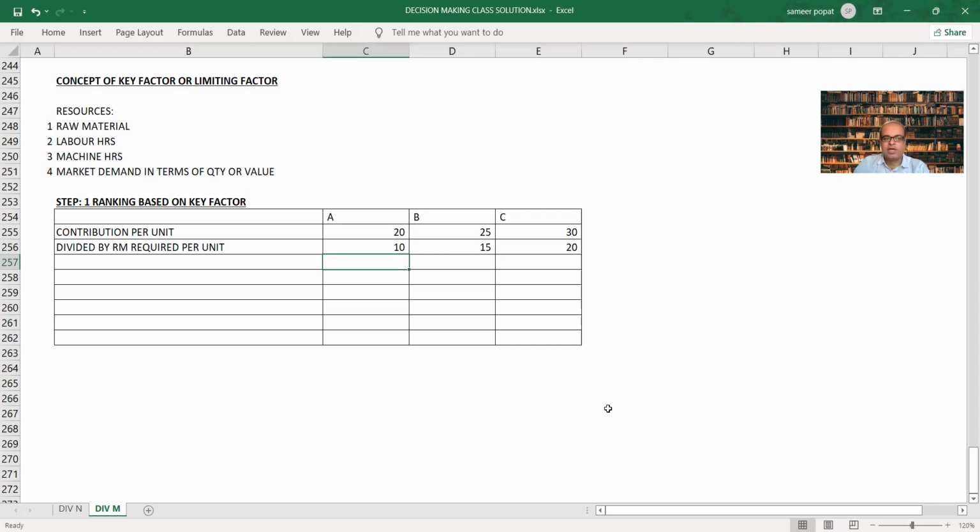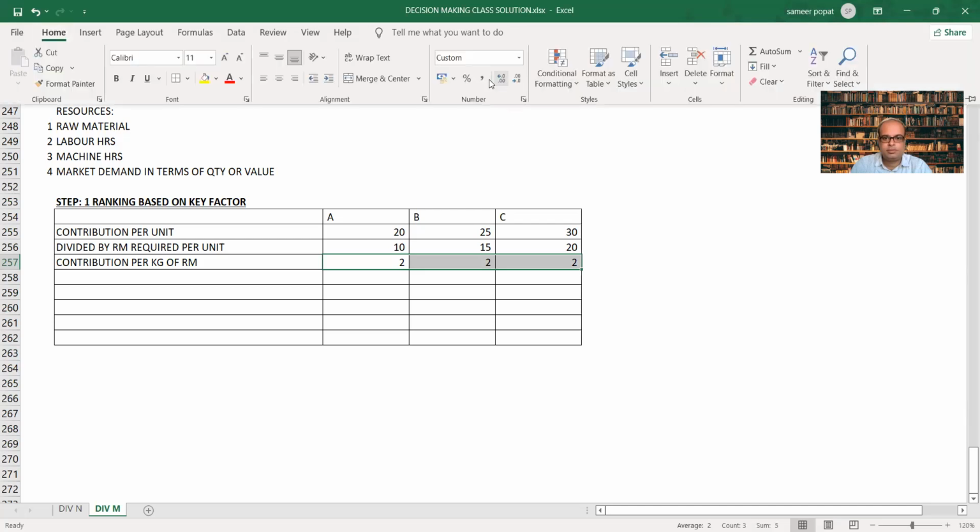So we get the contribution per kg of raw material, that is 2, 1.67, and 1.5.